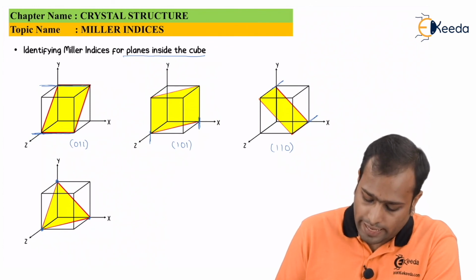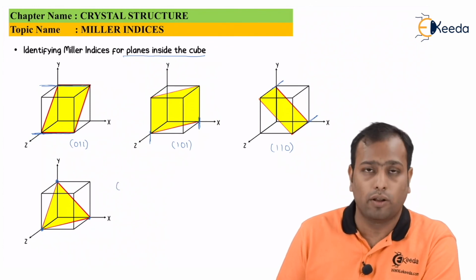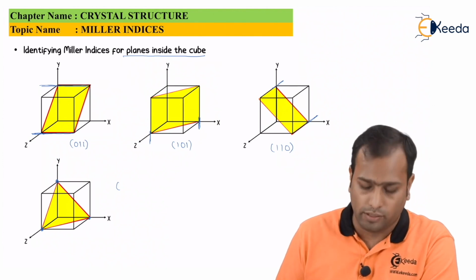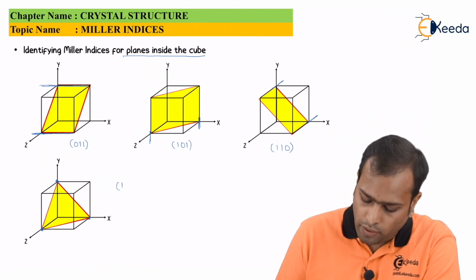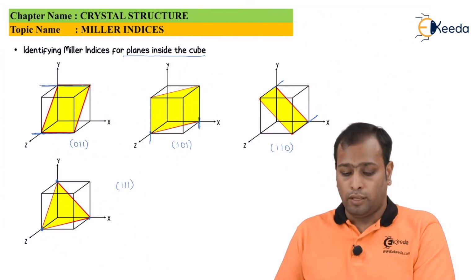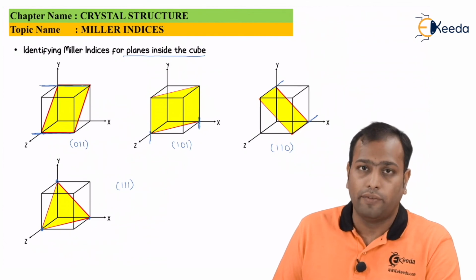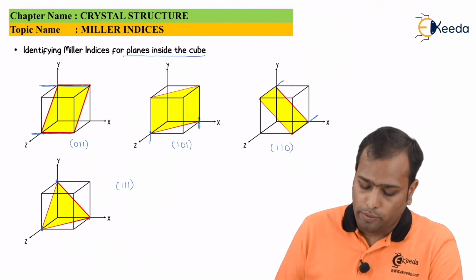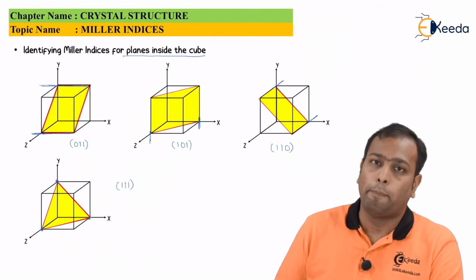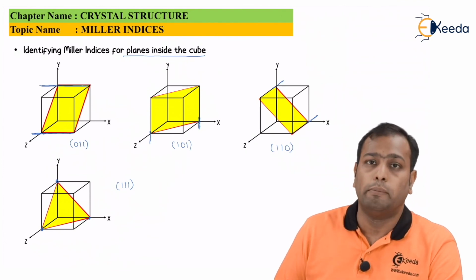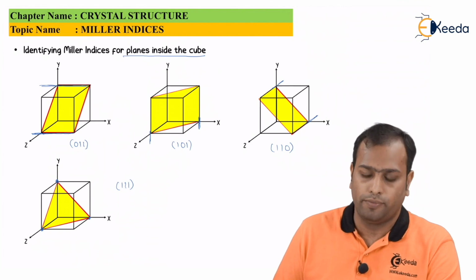So, it is cutting x, y, and z, all the 3 axes, and all the 3 axes are being cut at 1, 1, 1 unit, or I can say at equal distance units. So, it would be 1, 1, and 1. Well, this is the way how you identify the Miller indices given a plane. Now, also to remember, if I move my plane parallel to itself, of course, there would be no change in the Miller indices values.